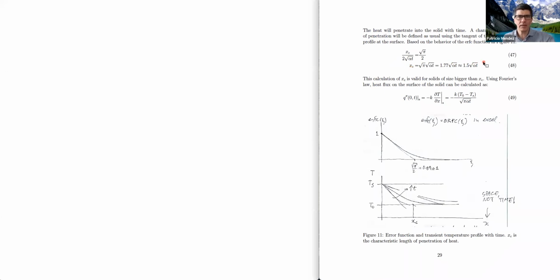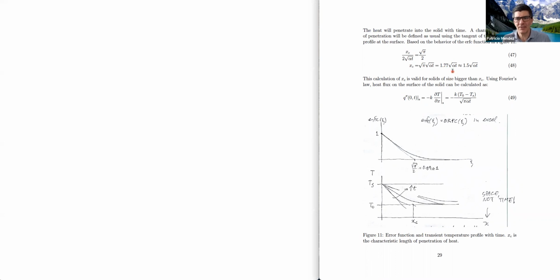More time, more penetration. You know that. Of course you know that. The one thing that might not be so obvious is that as time goes by, the penetration increases, but every time increases a little bit slower and slower and slower because it's a square root. Number 2, this characteristic value is 1.77. Don't memorize it. I promise you 1.77 is appearing again later this week or next week when we discuss convection.